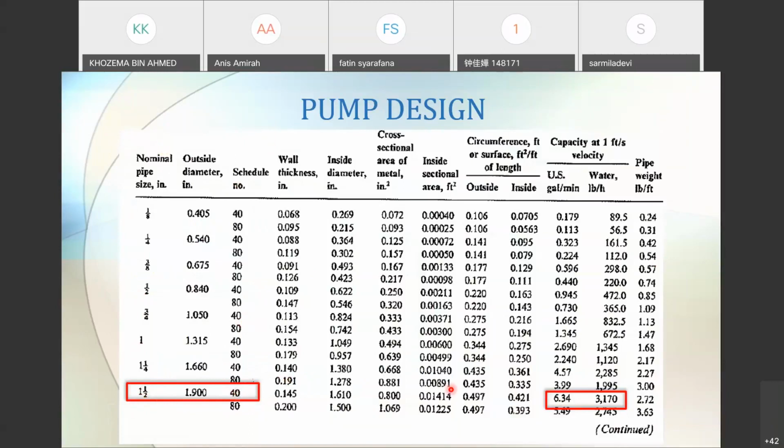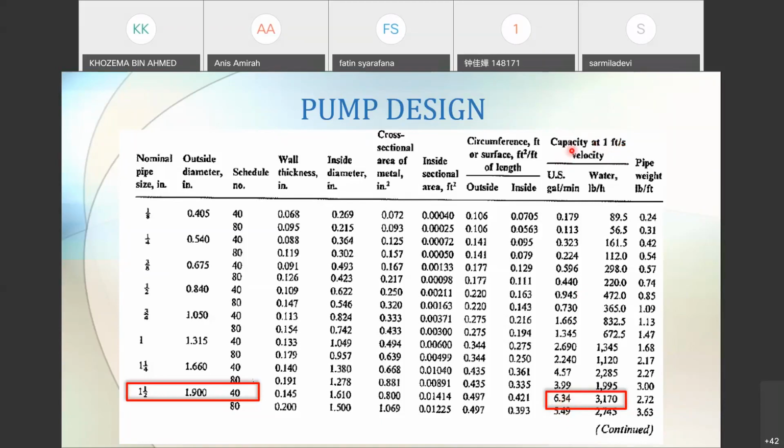If you look at this side of the table, written here is capacity at 1 feet per second velocity. So if you have a velocity of 1 feet per second, the flow rate of water that you can flow through the pipe is going to be 6.34.